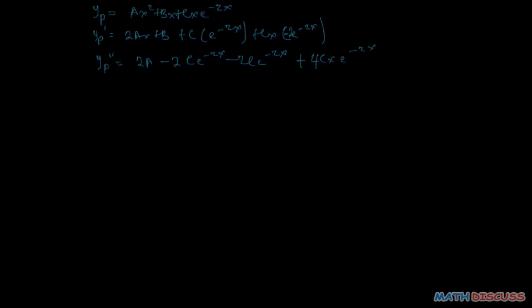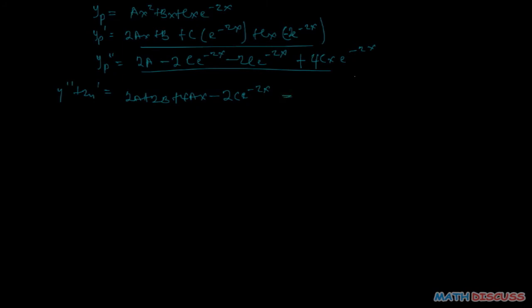Making use of that DE, what we have is y double prime plus 2y prime, which is the sum of this and twice of this, and we have 2a plus 2b plus 4ax minus 2c e to the power negative 2x. Now this should give us the right hand side, which is 2x plus 5 minus e to the power negative 2x.